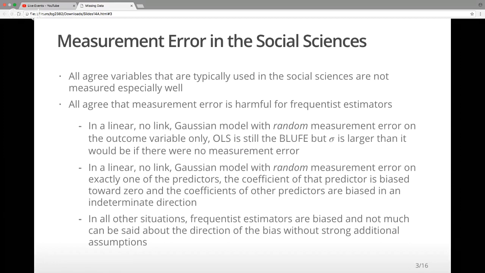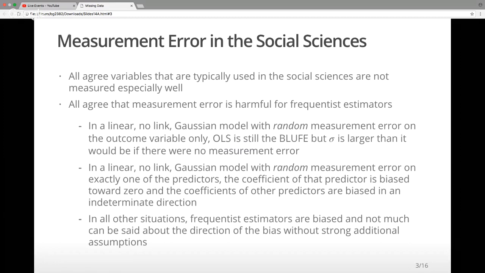The stuff that people tell you is necessarily not a great measure of their true income. There's no disagreement about that. And it's not just income; it's basically everything that we measure.